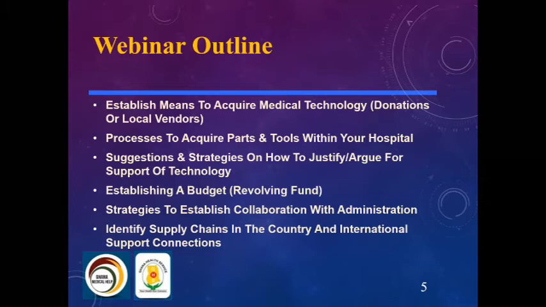Then suggestions and strategies on how to justify or argue for support for technology, establishing a budget, that is a revolving fund, strategies to establish collaboration with administration, that is our hospital or health administrations, and then to identify chains in the country and international support connections.